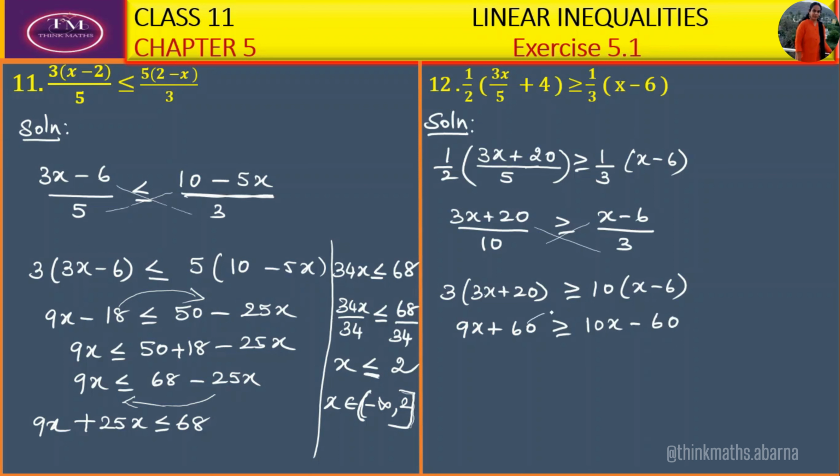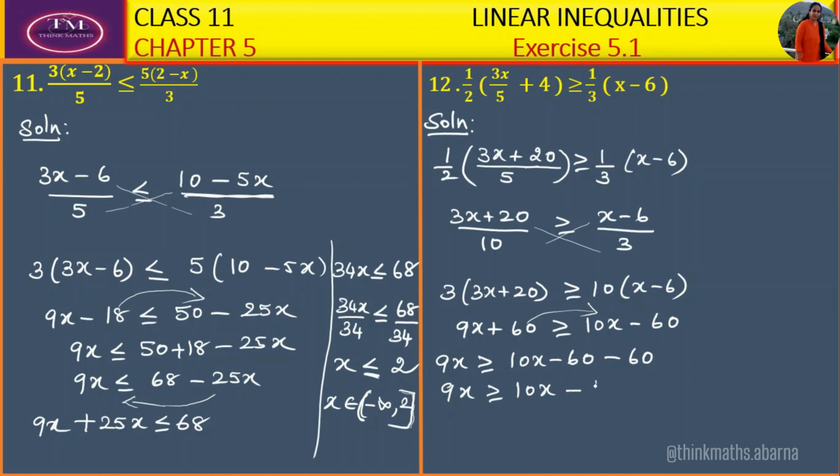Okay. Now take the constant to the right side. So 9x greater than or equal to 10x, minus 60 plus 60 will become minus 60. So 9x greater than or equal to 10x. If you add both, as both are negative, put the negative sign and add the values.